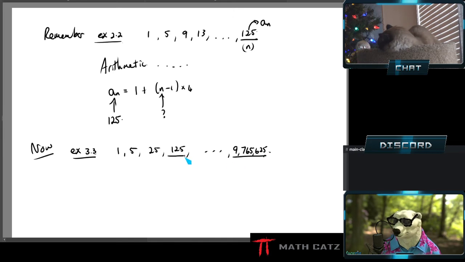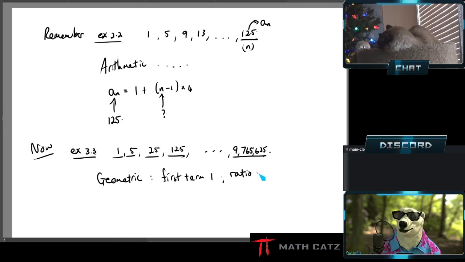The commas confuse you. I'm going to do the same thing. What kind of sequence is this? Now it's not arithmetic, it's geometric. I'll write it out, it's new. Geometric with first term 1, ratio 5.